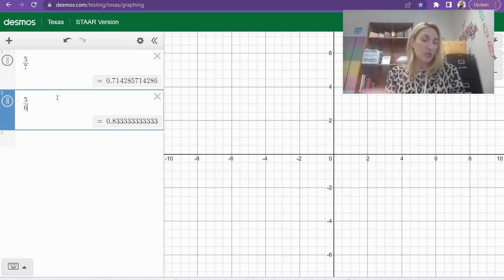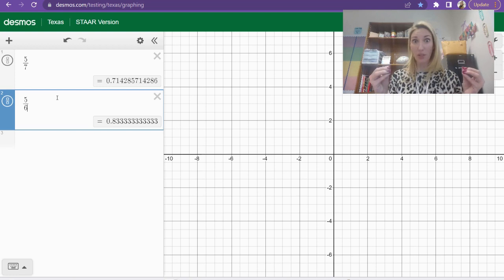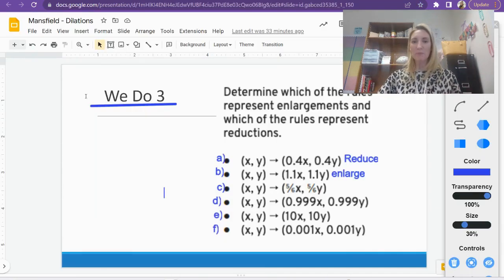In my brain, it's a lot easier to look at a decimal, so I may use decimals more. If you can look at a fraction and you know, that's fine too. 0.8333, 0 point whatever, bigger or smaller than 1? 0 point something, always smaller than 1, right? So back to the notes. If 5 over 6 is 0 point something, this means it's shrinking. It's getting smaller. We call it reduce. It's a reduction.